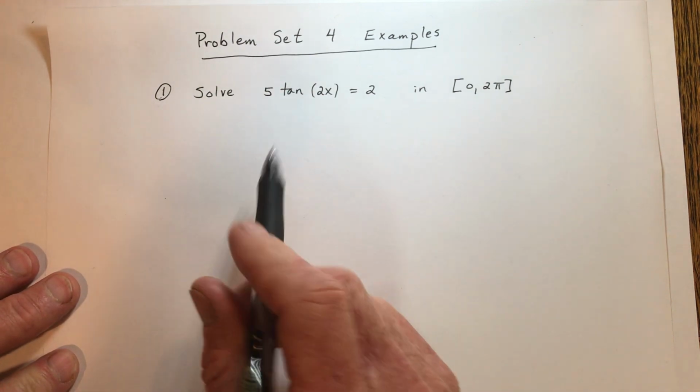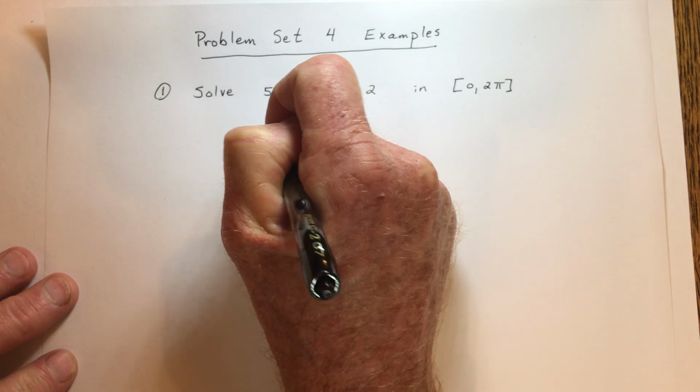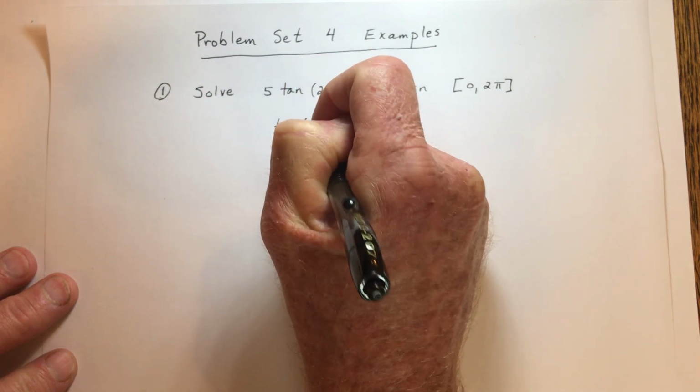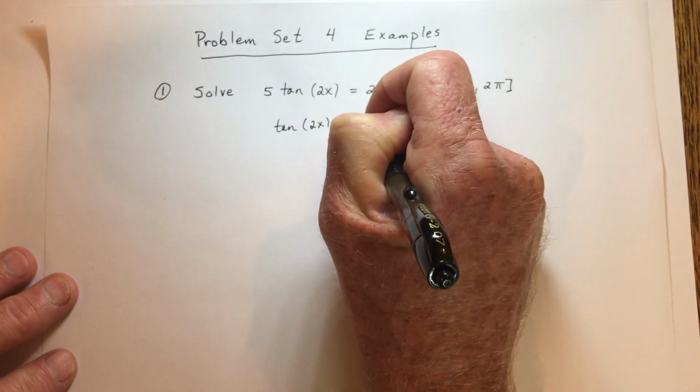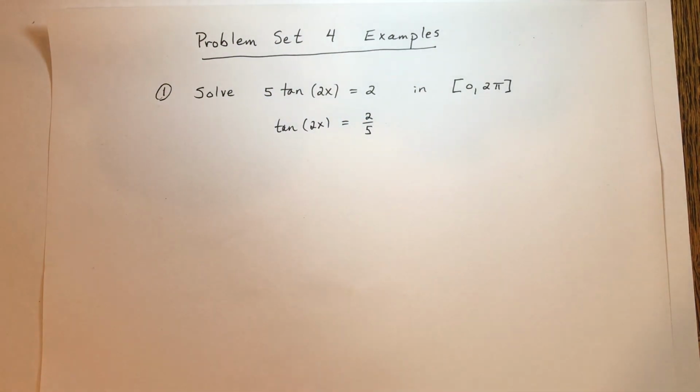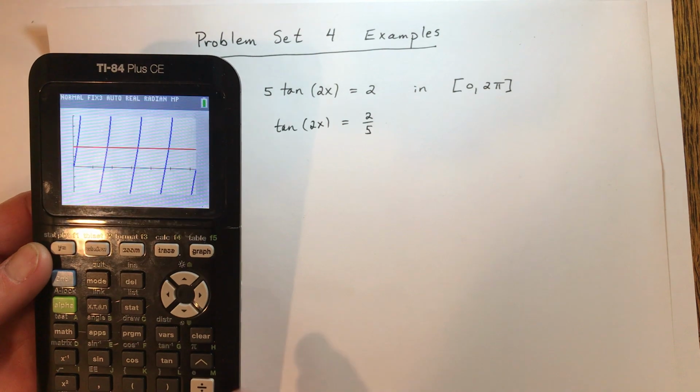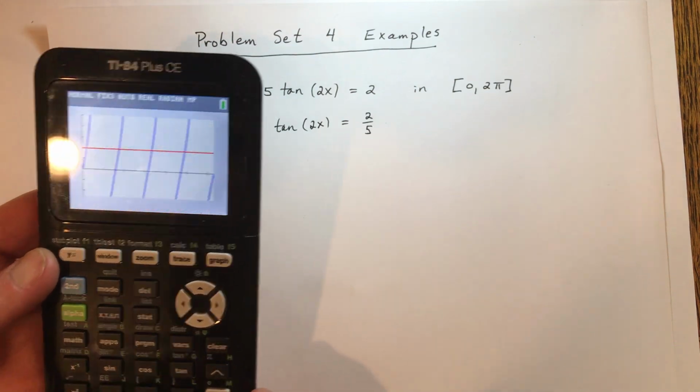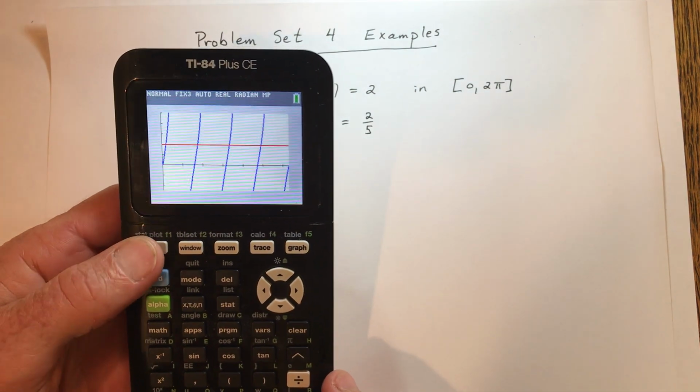Well, the first thing to do is divide both sides by 5. So tangent of 2x is 2/5. And now we can use tangent inverse. Oh, by the way, look right here, I graphed it.